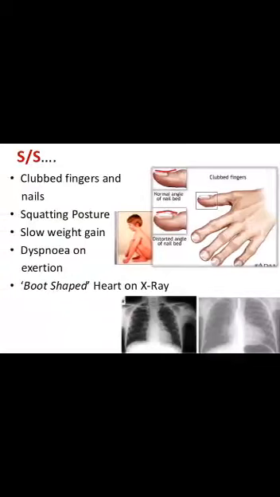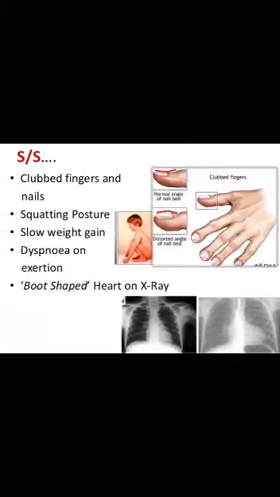Next symptom, clubbing of fingers and nails. You can see in the first image clubbing of the finger, an abnormal nail bed structure. You can see the normal angle of the nail bed in the first picture, and just below, the distorted angle of the nail bed, means prominent nail beds present with clubbing of finger and nail in a tetralogy of Fallot baby; that is called clubbed finger.